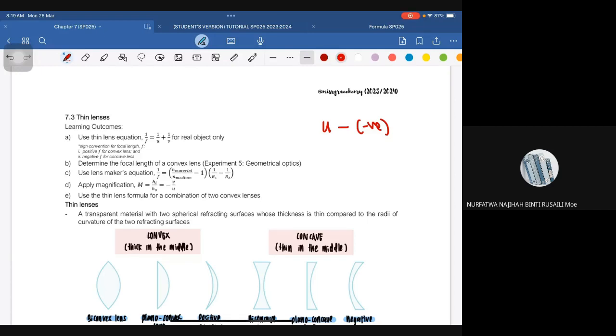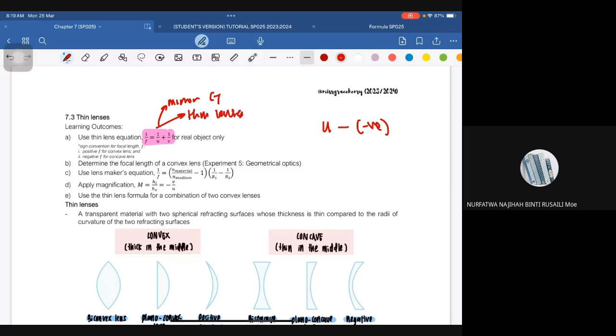Kalau kamu tengok this equation 1/f ni, this equation is only used for mirror and thin lenses. Mirror dengan thin lenses.